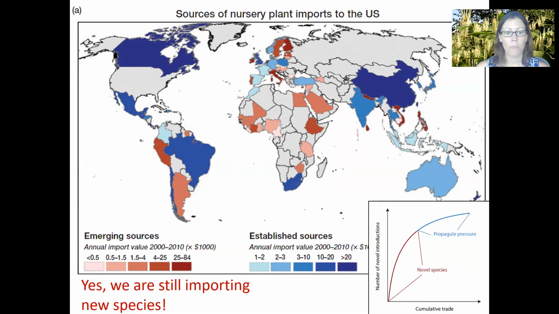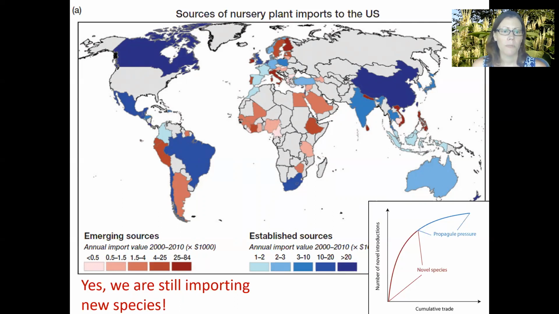So the US imported relatively low values of imports at that time, but a really sharp increase in the amount of imports over that time. So the red ones are in that sort of novel species category, and the blue ones are ones we've been trading with for a while. We're still introducing the same things over and over.